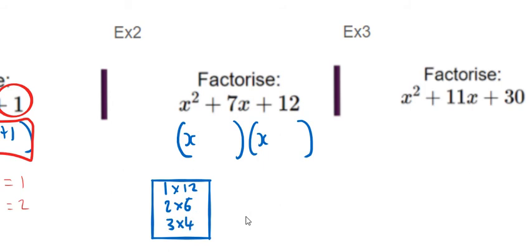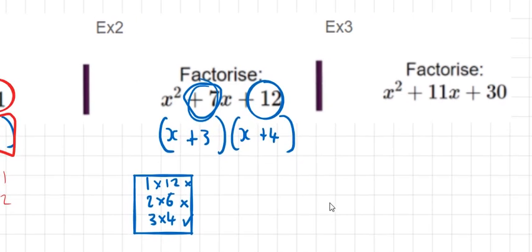I want to pick which of those would also add to give me 7, because they must multiply to give 12 and sum to give me 7. 1 plus 12 wouldn't work because that gives 13. 2 plus 6 wouldn't work because that gives 8. But 3 plus 4 would work because 3 plus 4 is 7. So plus 3 and plus 4 go in there. That's my answer.